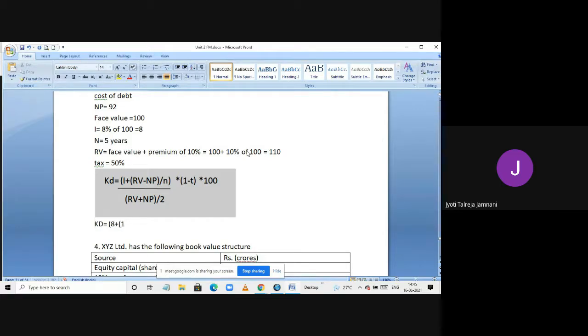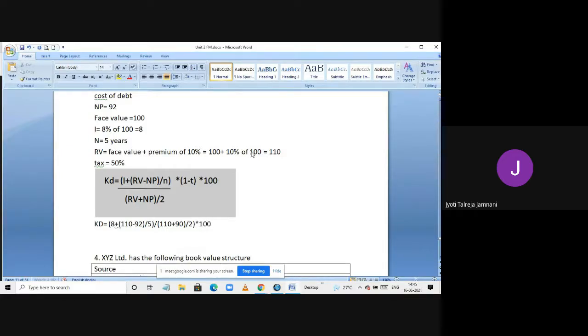RV is 110, NP is 92, divided by N, that is 5. The whole divided by RV plus NP, that is 110 plus 92, divided by 2. This entire thing has to be multiplied by 100, into 1 minus tax, that is 1 minus 0.5.